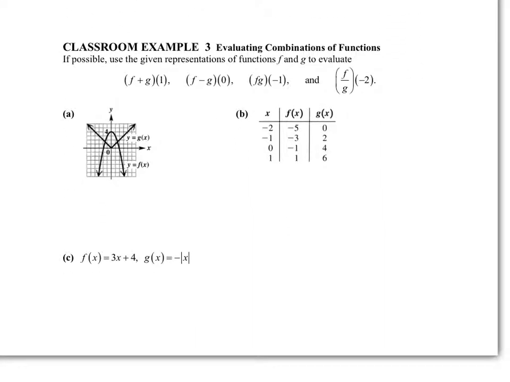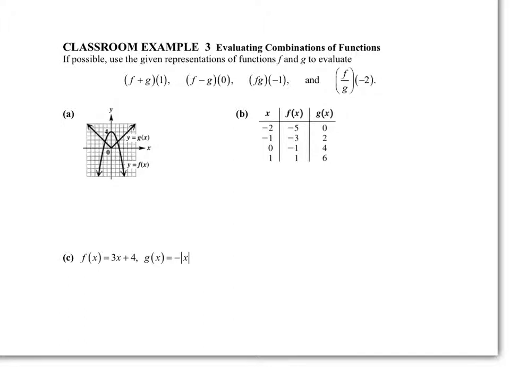What you will be asked to do, though, is to evaluate not only with equations, but with other types of information about functions to see if you can come up with the sum or the difference or the product or the quotient. So if you look at A, notice this is the graph of two functions on the same coordinate plane.